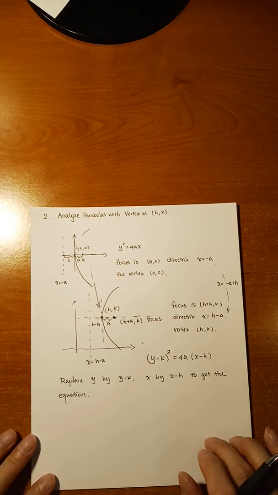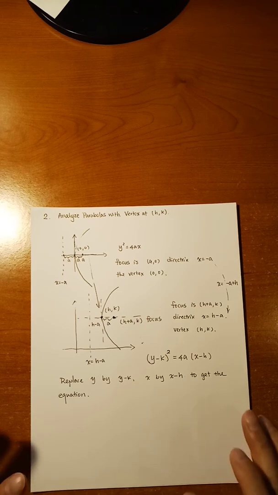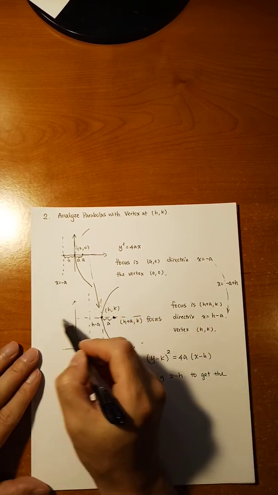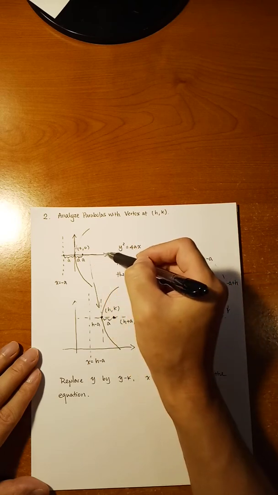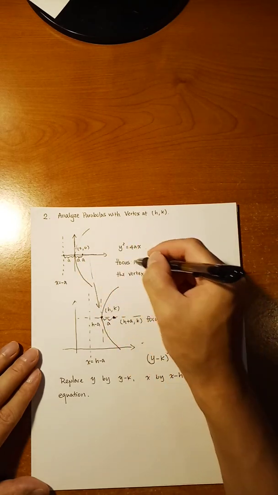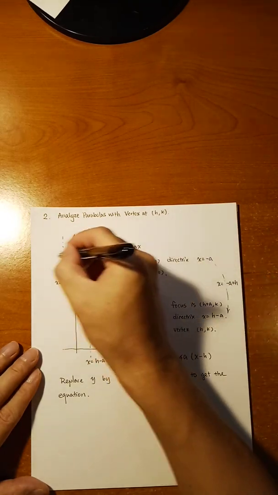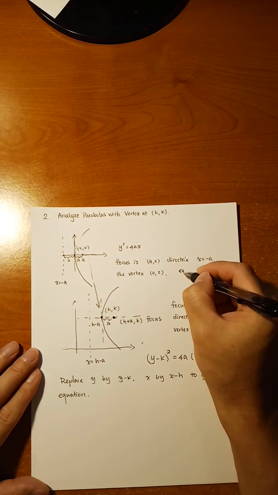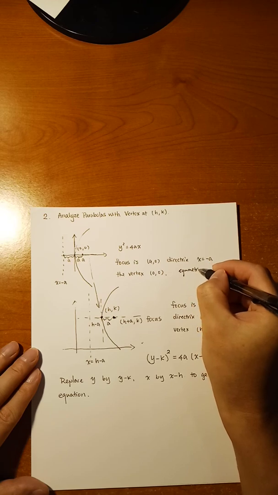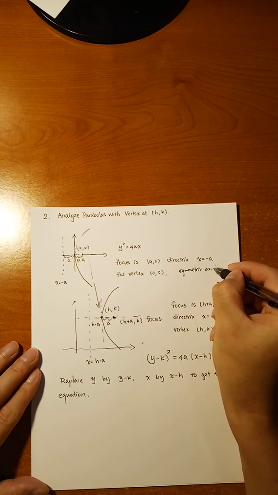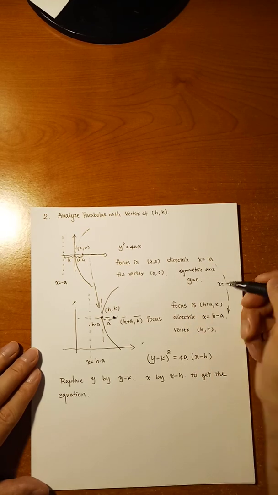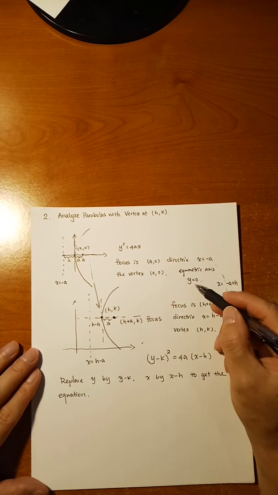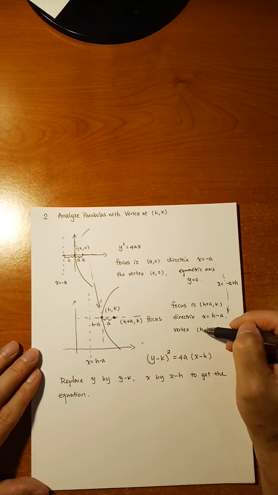Is this clear? We're going to discuss all four cases. And one more thing. Here, the original symmetric axis is y equals 0, the x-axis. Remember what I said? You just add the corresponding coordinate by either h or k.